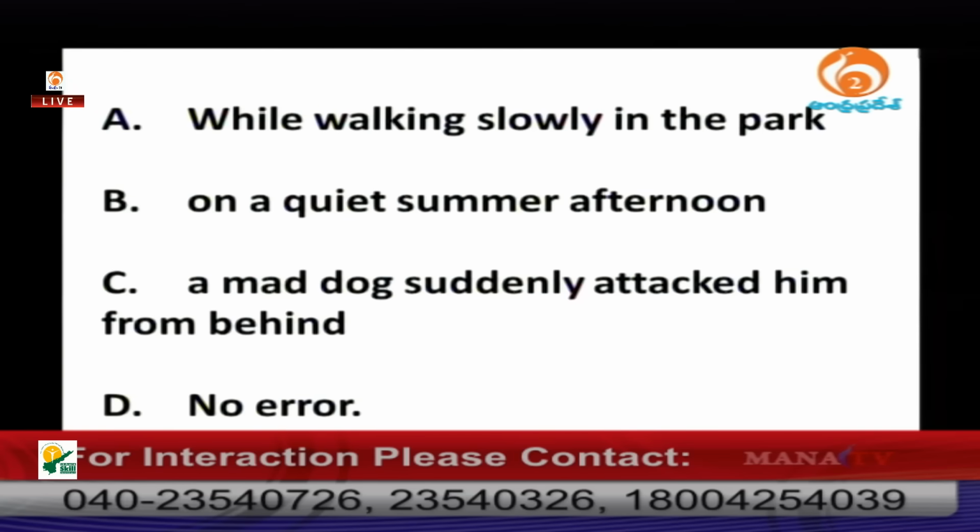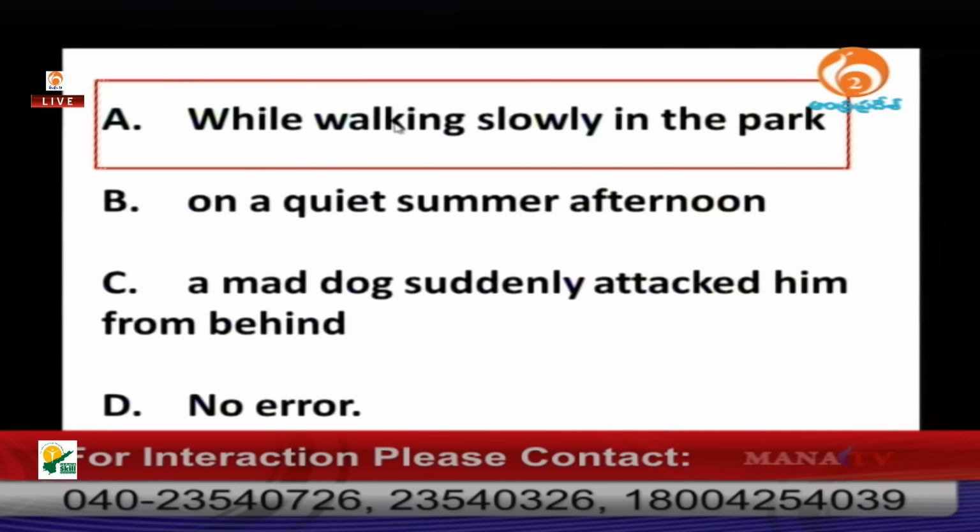Here it says, while walking slowly in the park on a quiet summer afternoon, a mad dog suddenly attacked him from behind. Okay. Now the question is, who was walking? The mad dog suddenly attacked him. But the pronoun factor is missing here.